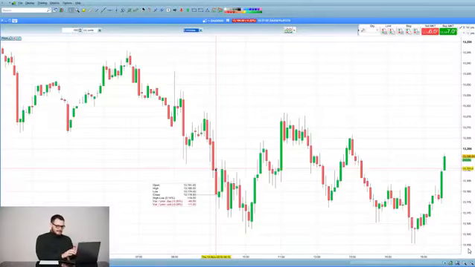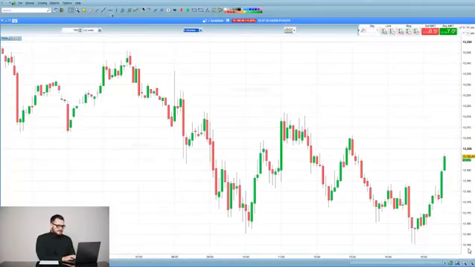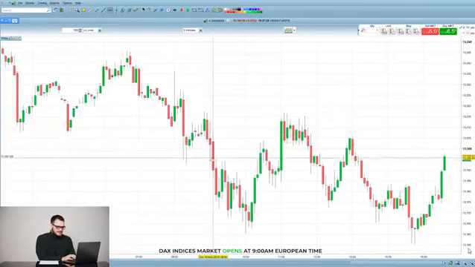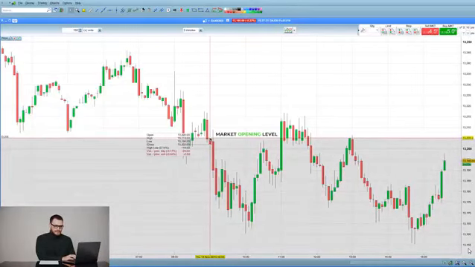For example, in the German market, the DAX 30, the one that we are looking at right now, there is a pre-market from 8 o'clock German time until 9 o'clock German time. But the full trading opens at 9 o'clock, which is this level right here. This is our market opening level, and from this level, the ATR is going to be used.